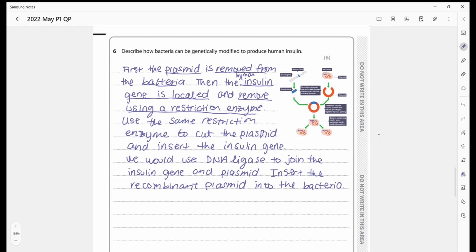Then use the same restriction enzyme to cut the plasmid open. That's the 5th mark. And insert the insulin gene. That's the 6th mark there. The 7th mark would be using DNA ligase and then inserting the recombinant plasmid, that's the 8th mark, into the bacteria. That's the 9th mark. All right.